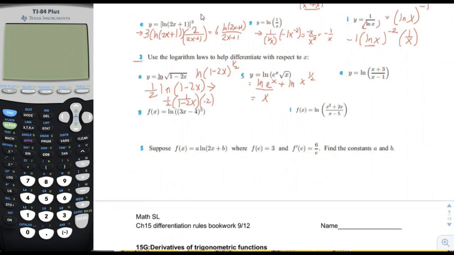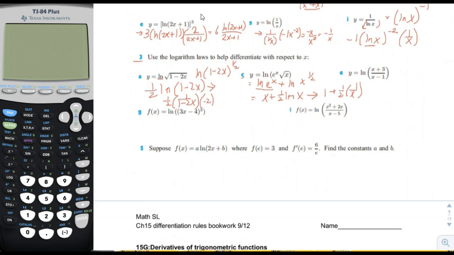And then we have plus the natural log of x to the 1/2, but we can put the power out front because of the log rule. So now we just have 1/2 natural log of x. Now we take the derivative of this. So the derivative of x is 1. The derivative of 1/2 natural log x is 1/2, and then the derivative of natural log x is 1 over x. So we have 1 plus 1/2, 1 over x.